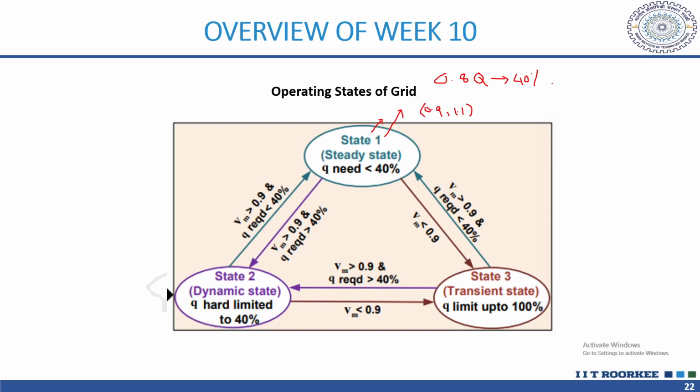But as soon as a sudden contingency takes place and the voltage is falling, we have to increase the Q requirement. Here the Q will be 30%, 35%, or 20%, something less than 40, but we mandate that the Q should be 40% of the rated.